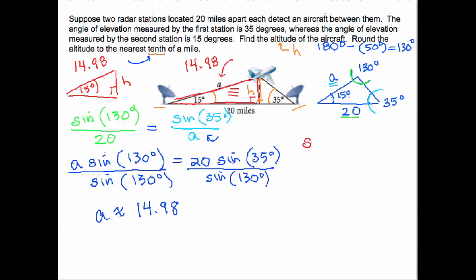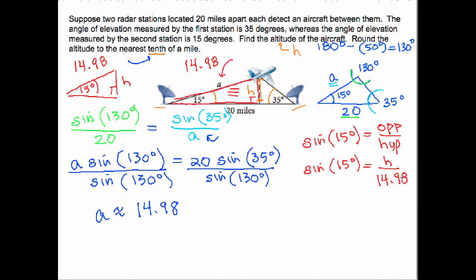What I've done is sketch this triangle that I've seen. And I know that the sine of 15 degrees is equal to the length of the side opposite over the length of the hypotenuse. So let's substitute in for the side opposite, that would be what we're looking for, h. And a hypotenuse, that would be what we just found, 14.98.